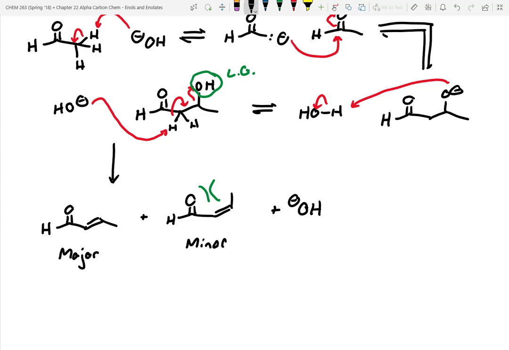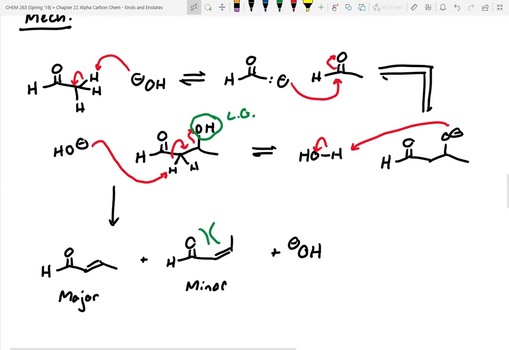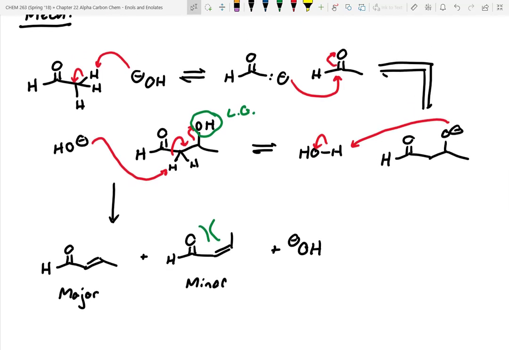Why do you think this is favorable under high heat conditions? It's a couple of reasons, right? If we think back to elimination reactions in general, elimination reactions were favored under high temperature. Why is that?